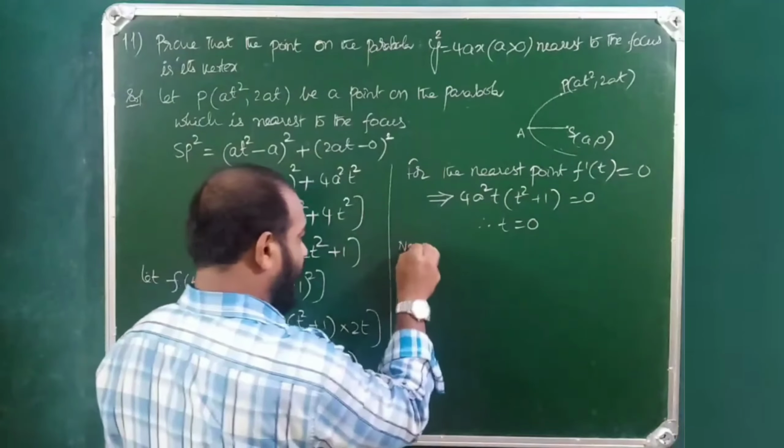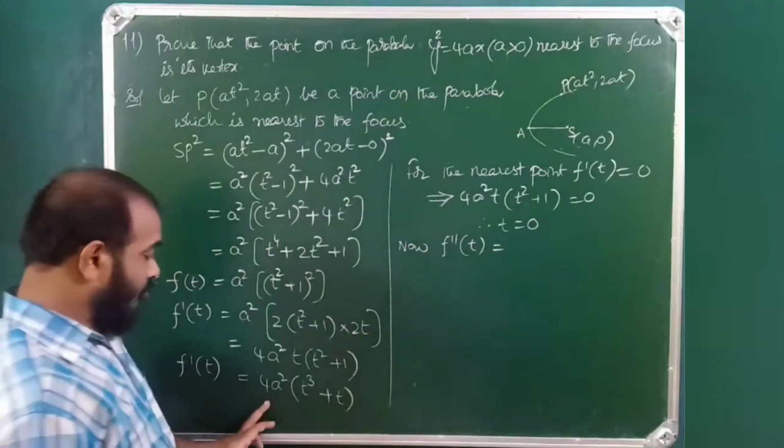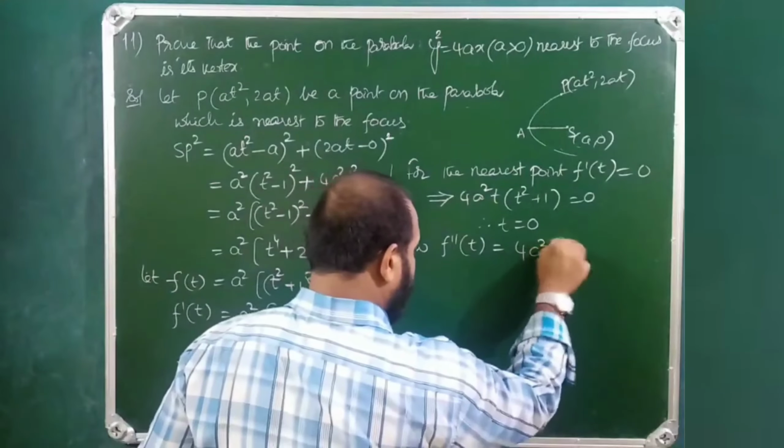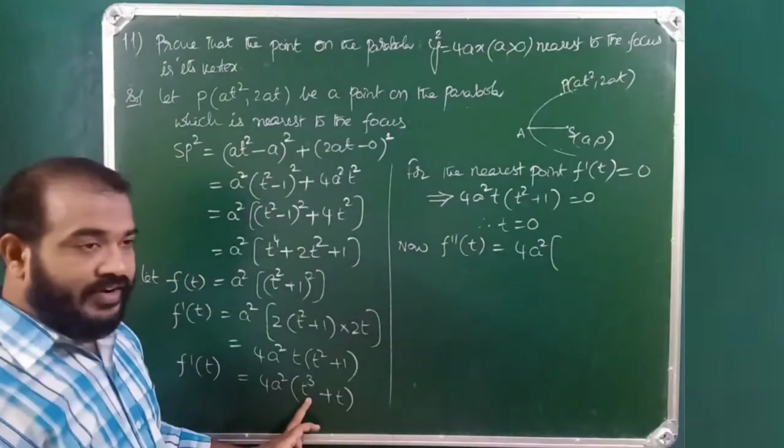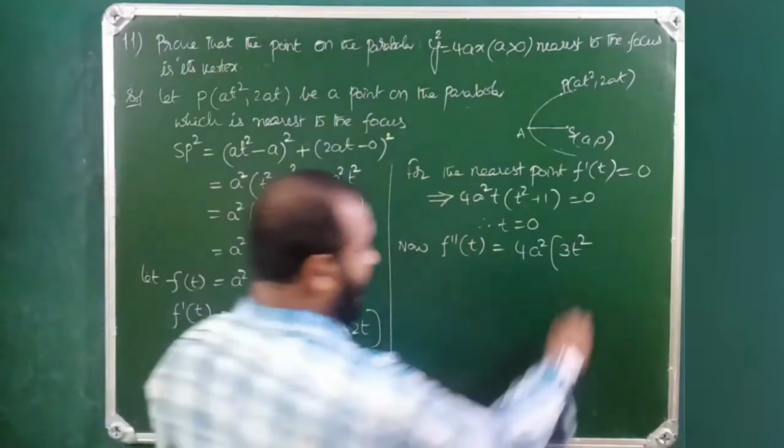Now f double dash t is equals to 4a square into, t cube derivative is 3t square, t derivative is 1.